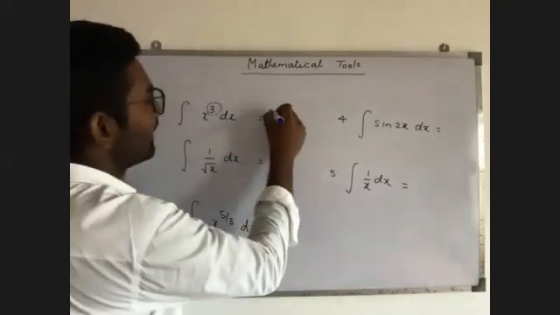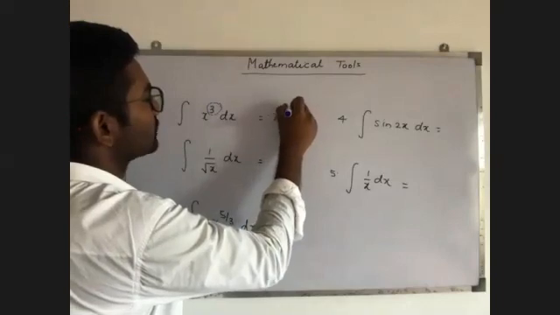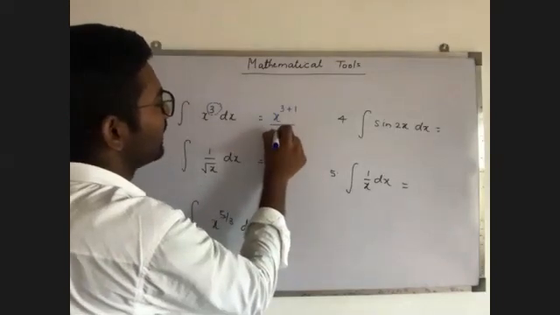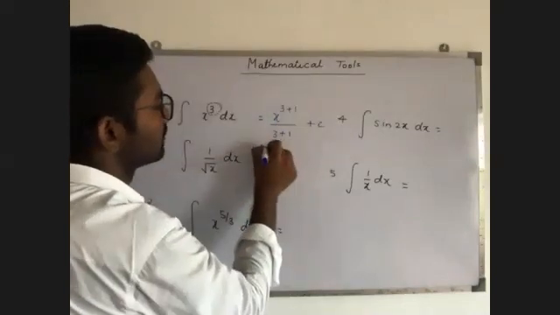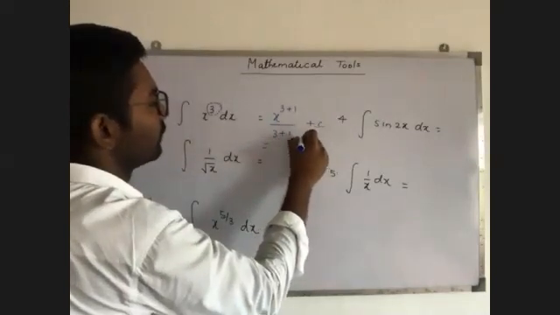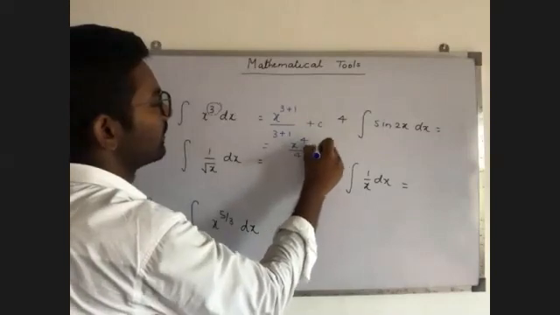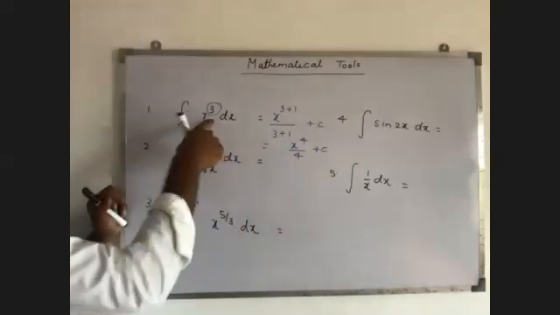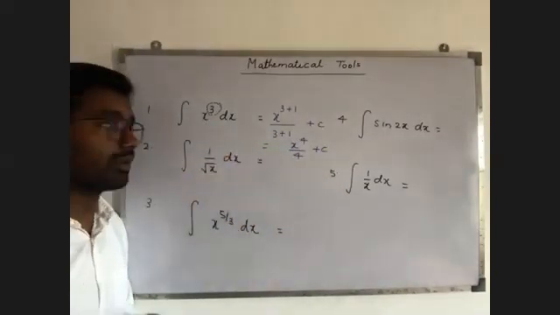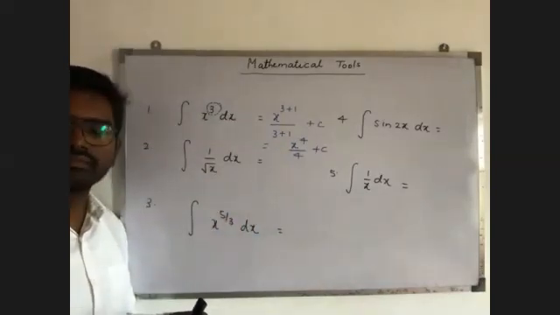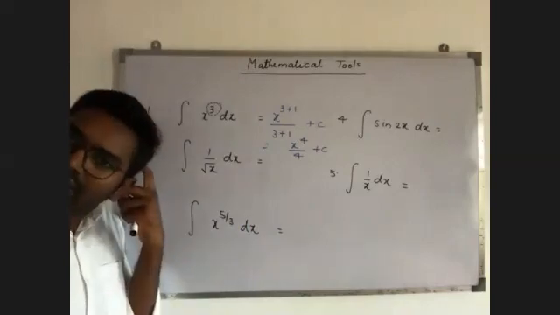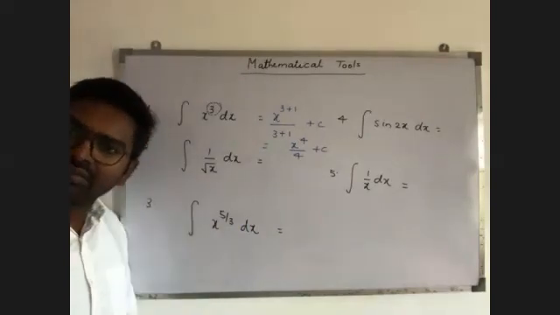So x to the power n plus 1 divided by n plus 1 plus c, means x to the power 4 by 4 plus c. If you differentiate this, you will get x cubed. There is no problem. First question clear to everyone?